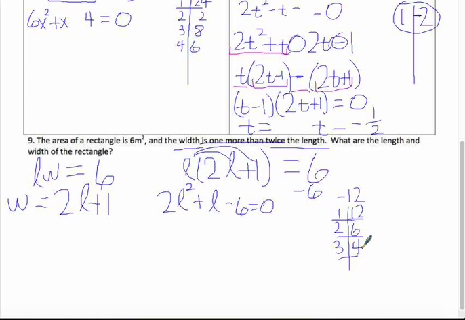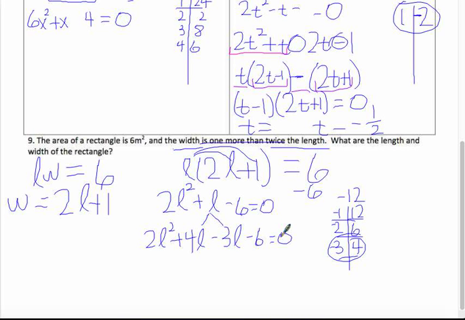And since I want a positive L, that means my bigger number is the positive one. And we can see right there, 4 and negative 3. So I split my 1L. I got 2L squared plus 4L minus 3L minus 6.